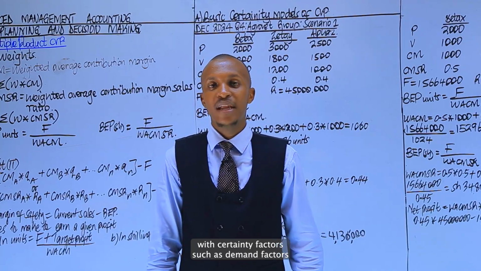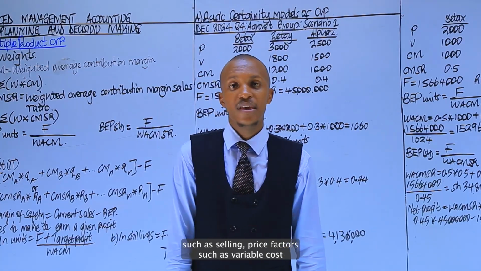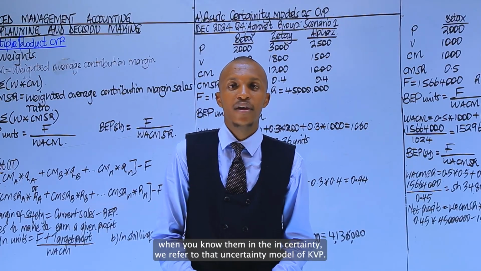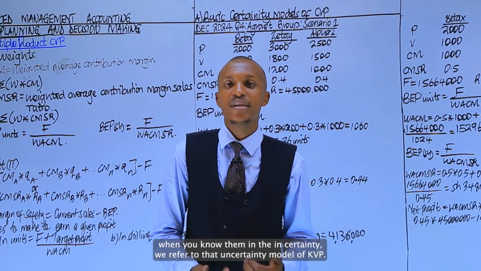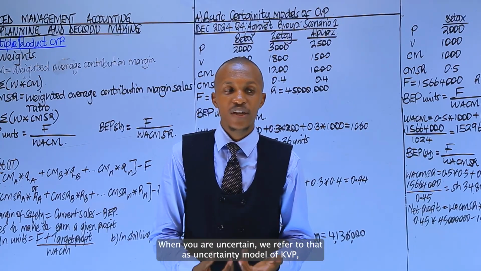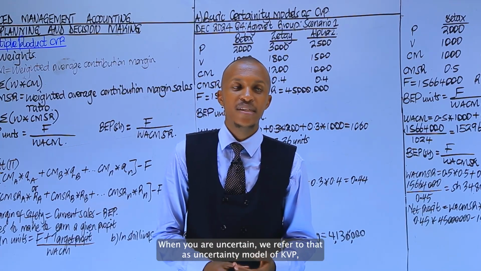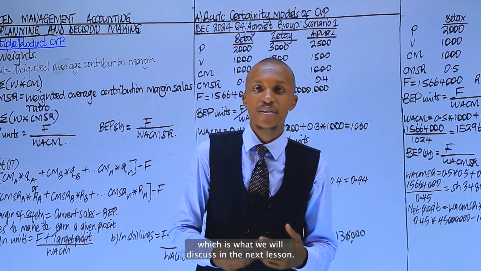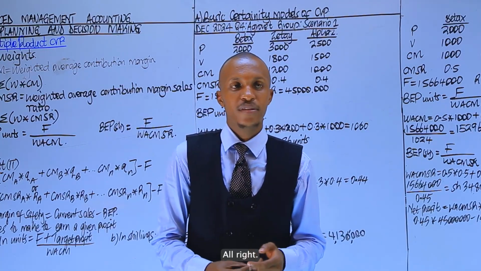Factors such as demand, selling price, variable cost. When you know them with certainty, we refer to that as the certainty model of CVP. Where you are uncertain, we refer to that as the uncertainty model of CVP, which is what we will discuss in the next lesson.